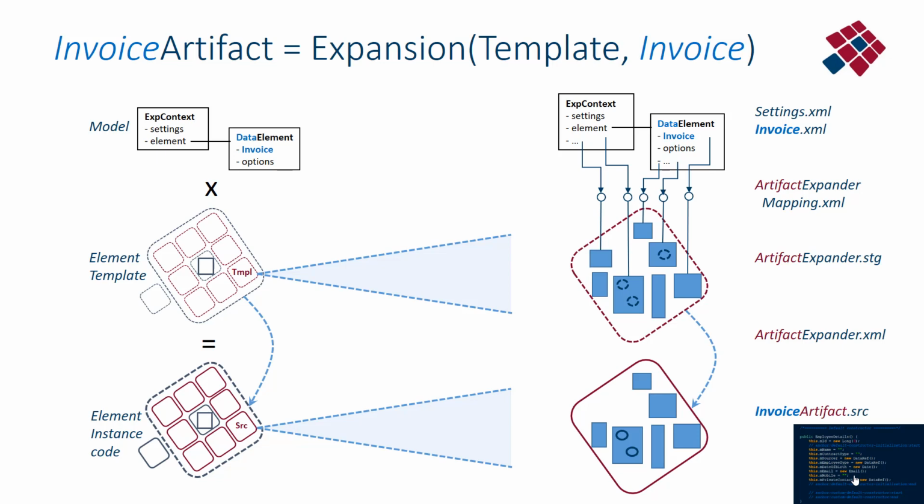So for an element, we have a number of coding templates, and for the instantiation of an element, we instantiate a number of coding templates into a number of coding artifacts.